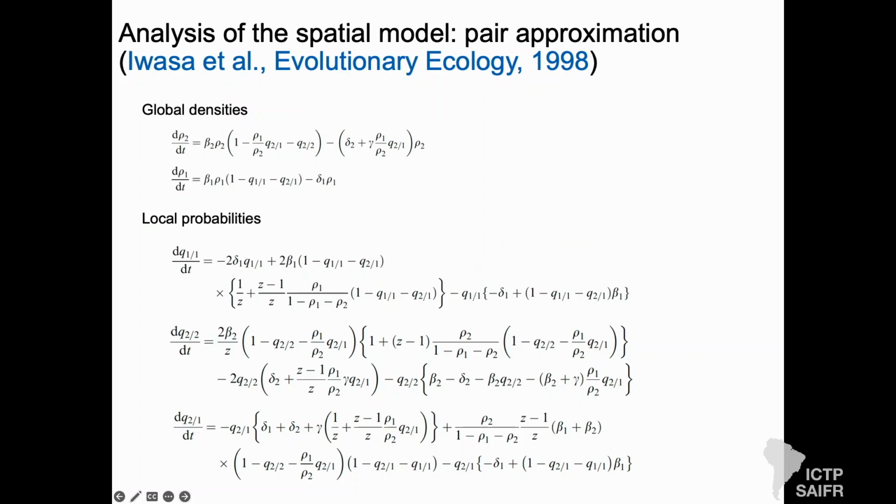Who can tell me rho plus? Don't be shy. I mean, at this point, it's fine. 2 over 100. Who can tell me Q plus conditional to plus? 1 over 100 times 99.